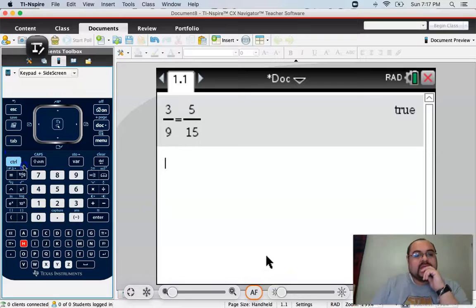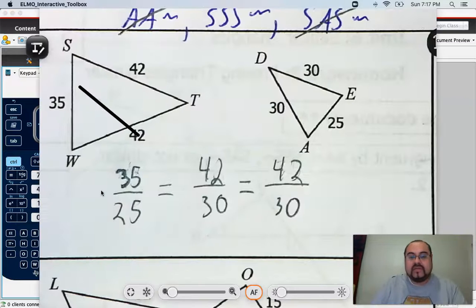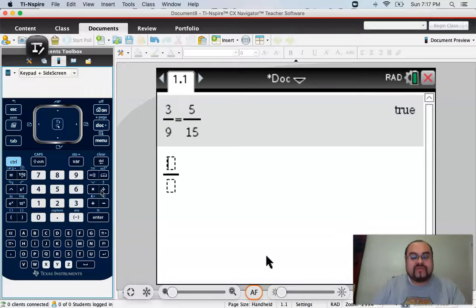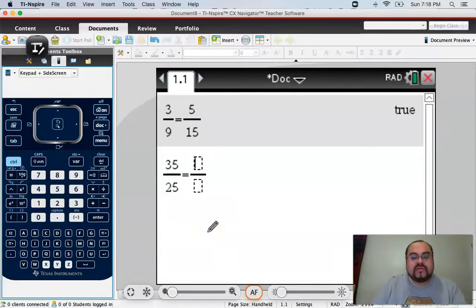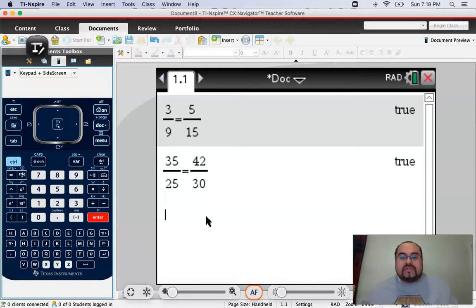Again, we're not using NSOLVE. We're just checking to see if two fractions are equal to each other. Our two fractions are 35 over 25, and our second fraction is 42 over 30. If they are proportional, that means they're equal to each other. That is true.